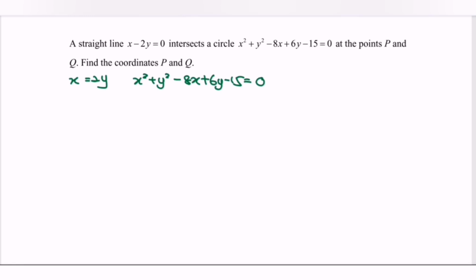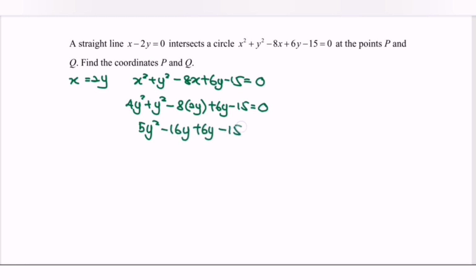So here we will have 4y² + y² - 8 multiplied with 2y + 6y - 15 = 0. 5y² - 16y + 6y - 15 = 0. 5y² - 10y - 15 = 0. Simplify the situation. y² - 2y - 3 = 0.